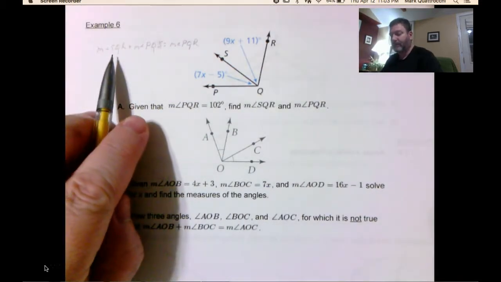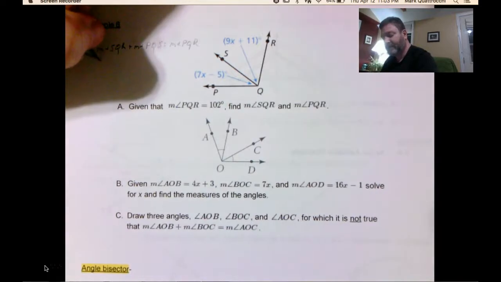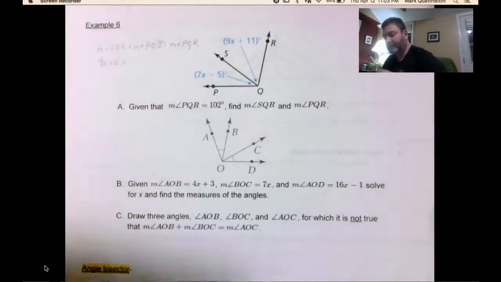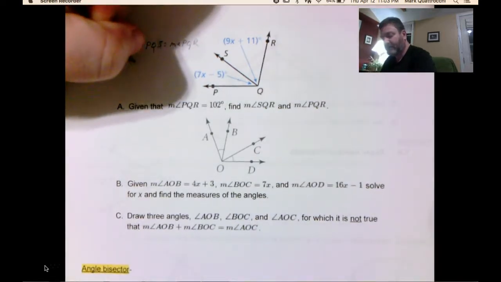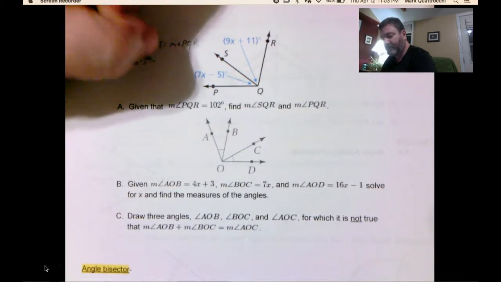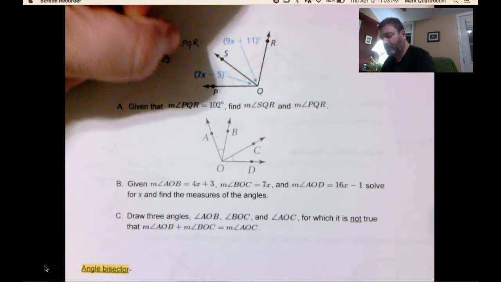So the measure of angle SQR is 9x plus 11, plus measure of angle PQS is 7x minus 5, and that's equal to 102 degrees.